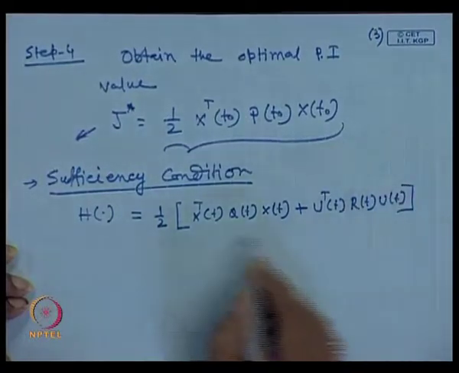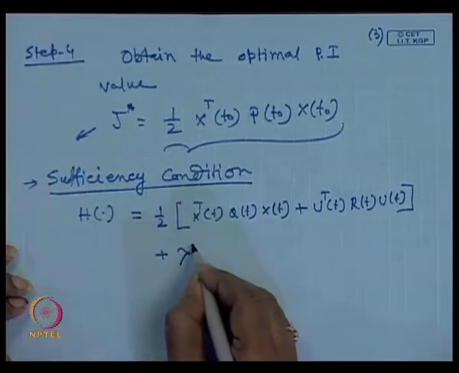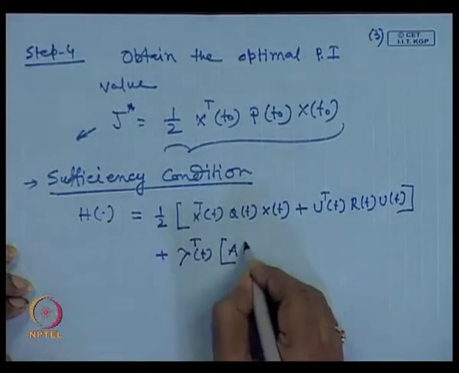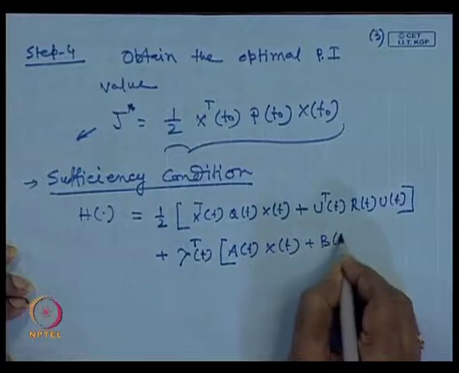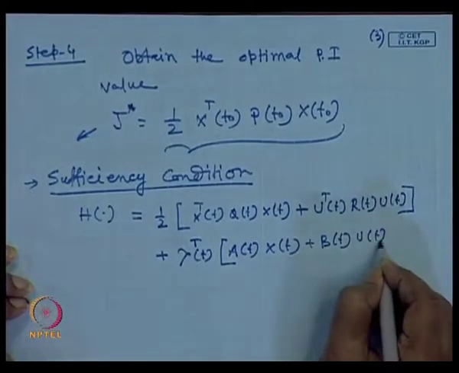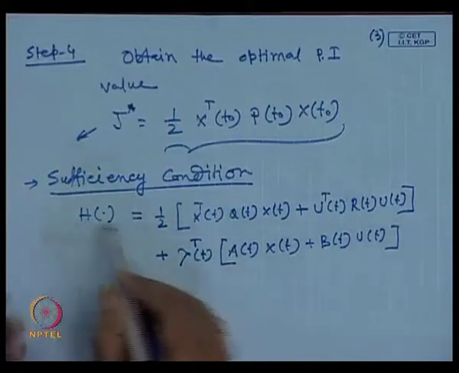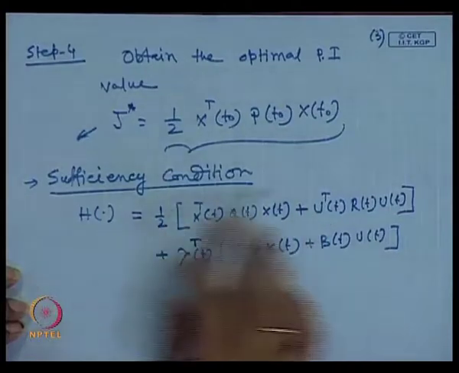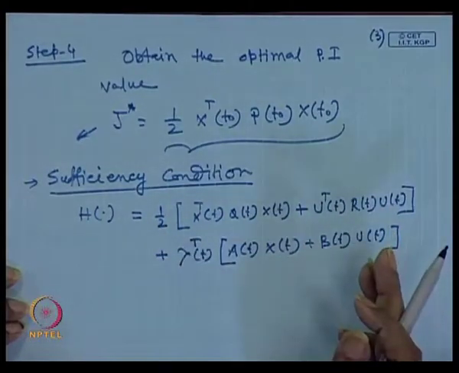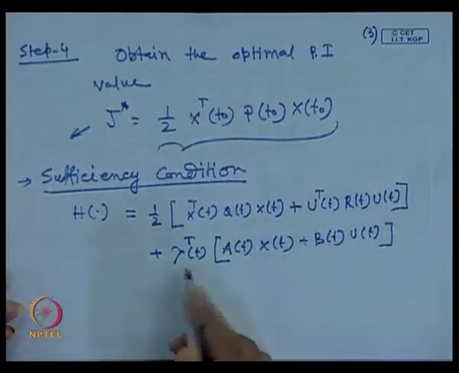This is the first part, which is formed from the performance index, plus lambda of t transpose times A of t x of t plus B of t u of t. And you may recollect that the Hamiltonian is a function which is free from the x dot derivative.